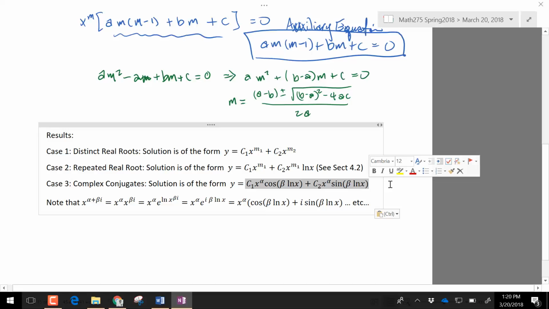Oh yeah, you can always approximate with some numerical value. So you're always going to have as many solutions as the degree of your polynomial.